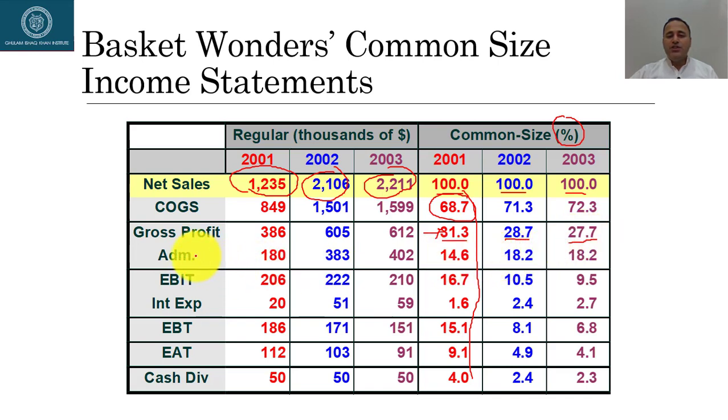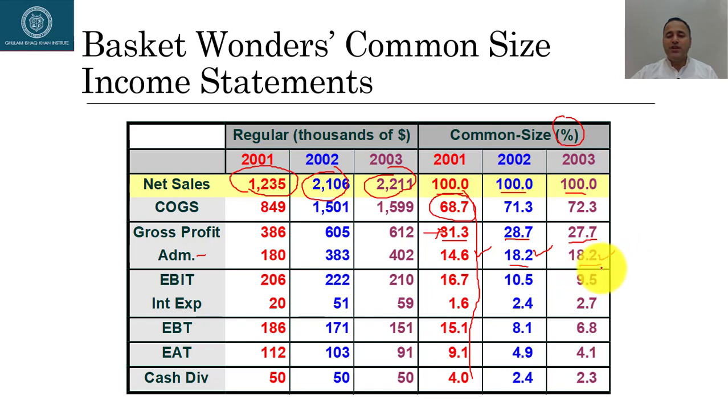On the other hand, if you look at admin, the administrative expenses, they are gradually increasing. In 2001, it was 14.6% of total net sales. In 2002, it's now 18.2%, so it jumped by close to 3.6 percentage points.